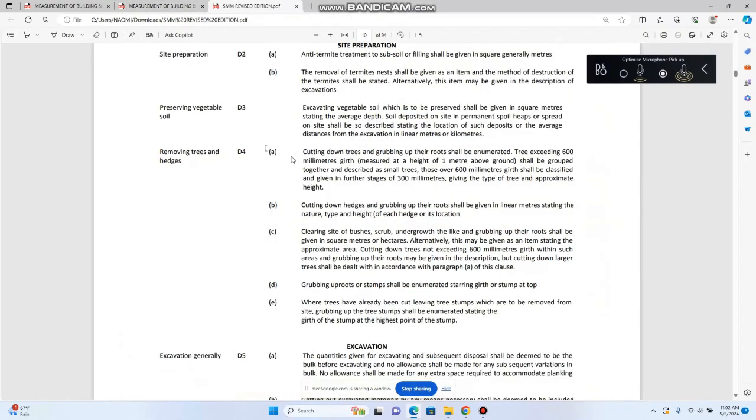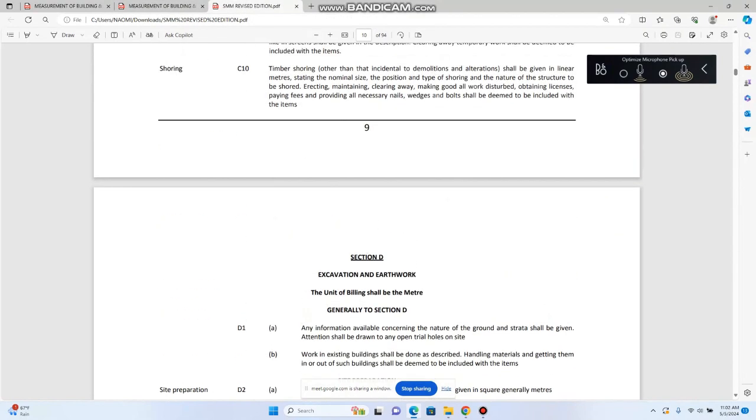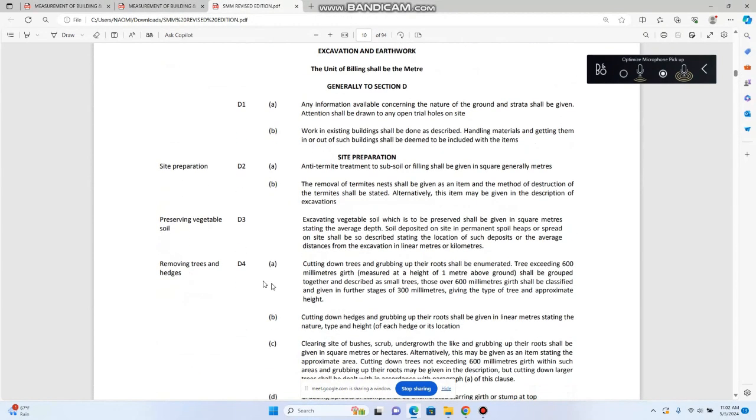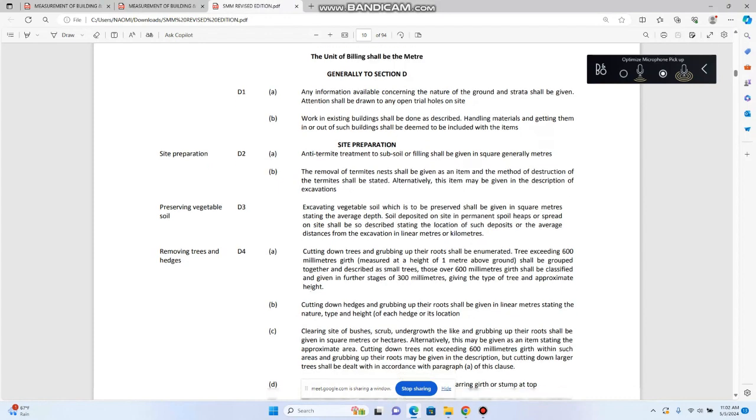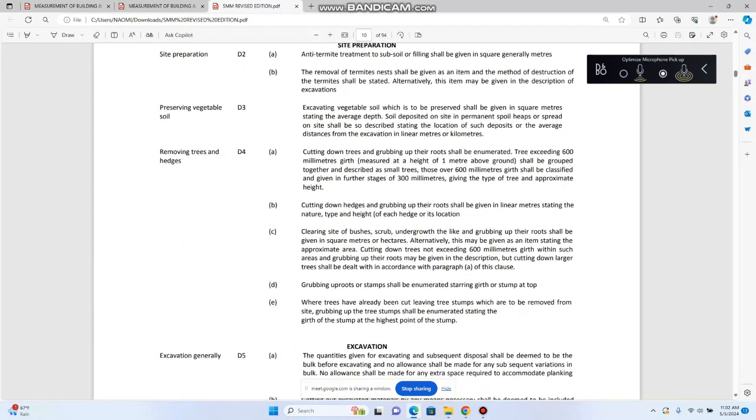If you look here, it's section D, clause D4 part C. That is the reference. When you are using SMM, we just state the clause that talks about that, in case someone would want to refer to where you measured and confirm from the SMM.